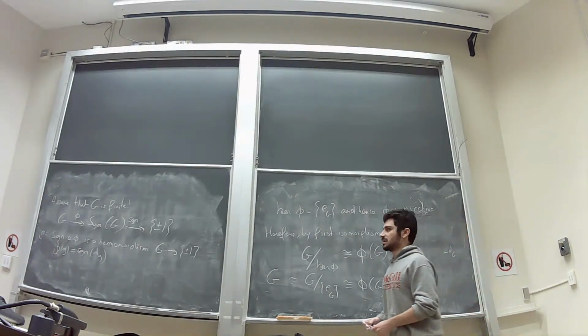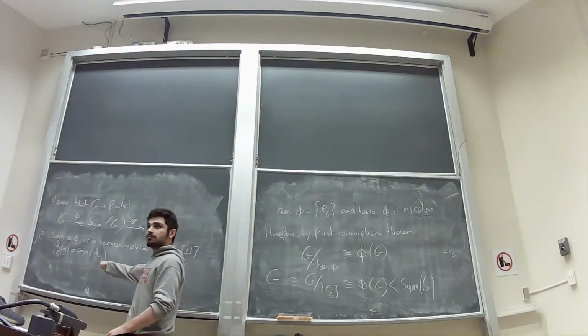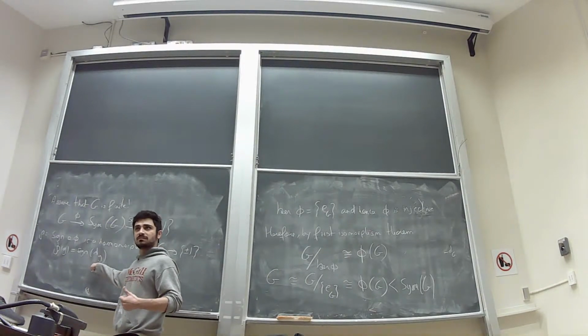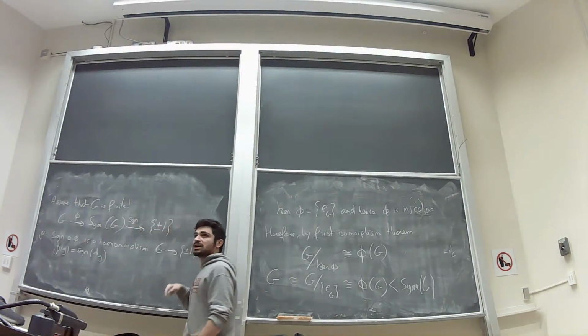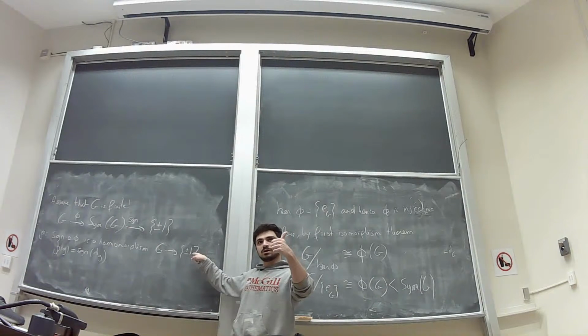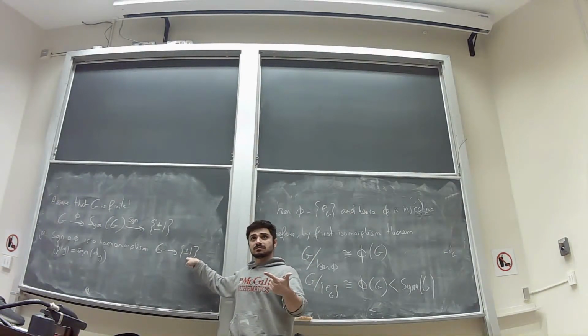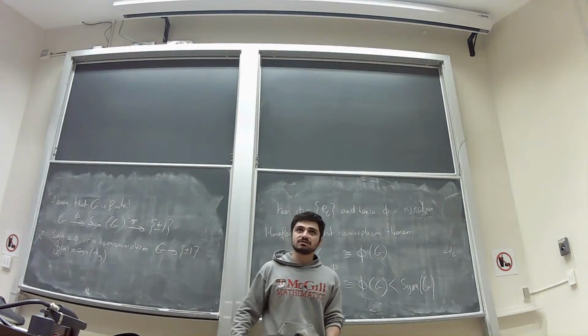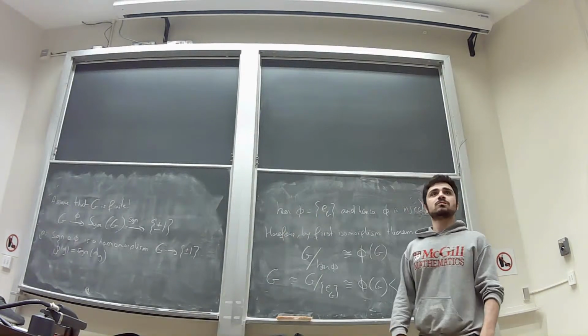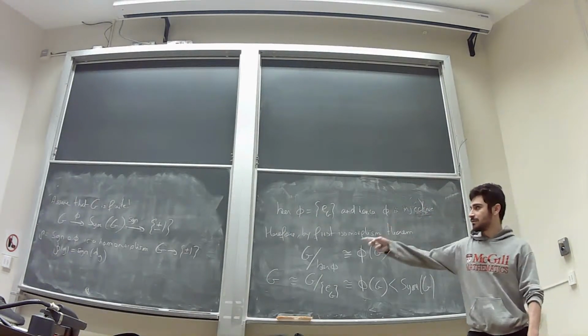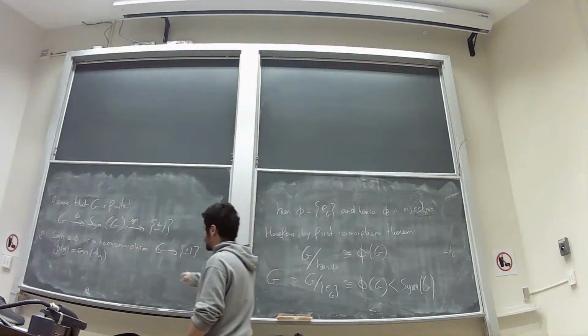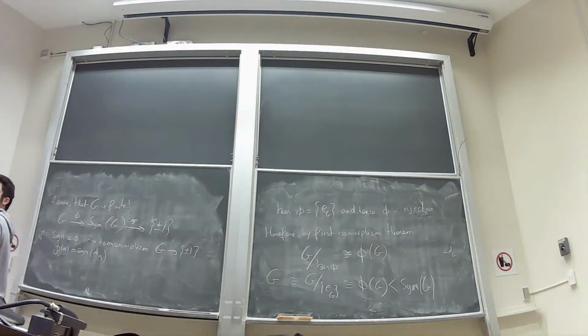I'll say that once again: if for some g, lambda g is odd, then this homomorphism is surjective, because you get plus 1 from the identity and minus 1 from the odd lambda g.